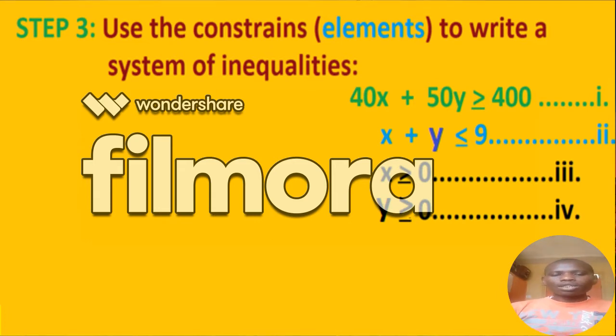And the fourth inequality regards the number of big buses. Likewise, to the third inequality, the number of big buses with respect to the number of small buses can be at least 0, meaning the number can be 0 and above. And that gives us the fourth inequality to be y is greater than or equal to 0. Let us proceed to step 4.